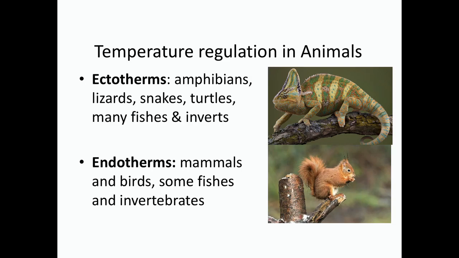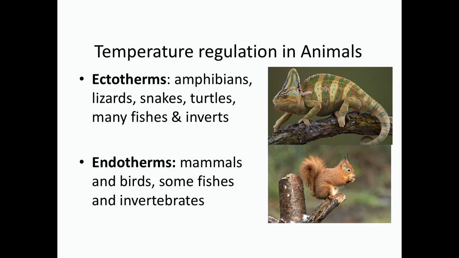So in general, organisms that you might classify as ectotherms include things like amphibians, lizards, snakes, turtles, a lot of fishes, and invertebrates. Whereas endotherms tend to be organisms like mammals, like you, birds, but also some fish and invertebrates as well.